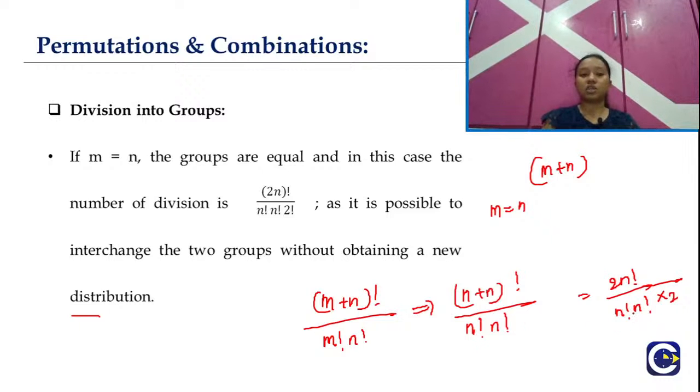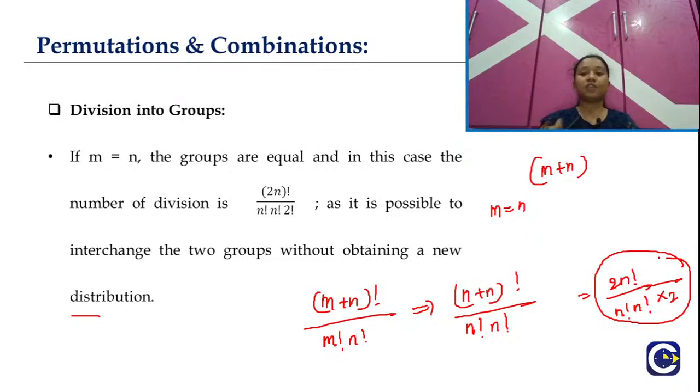So when the two groups are equal, the number of ways is 2n factorial by n factorial into n factorial, divided by 2. The reason we divide by 2 is that initially it can start with m or n, so there are two different cases when m and n are different. But when both are equal, they become only one case.